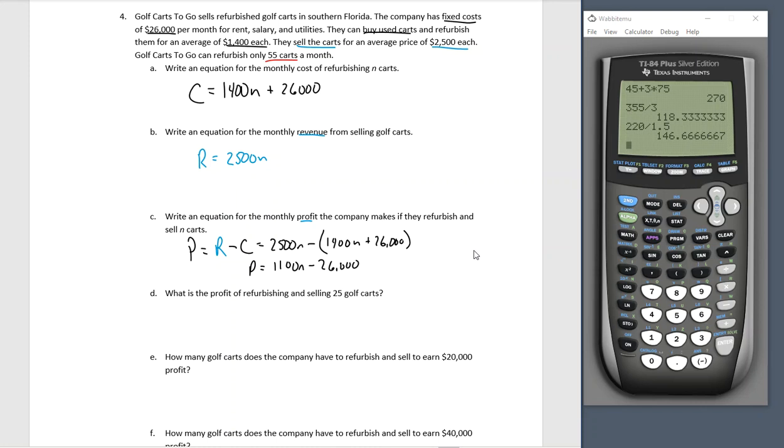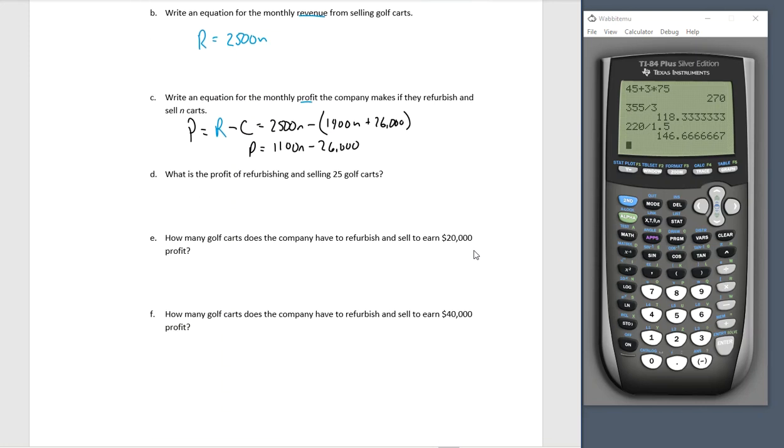All right, so what's the profit of refurbishing and selling 25 golf carts? The profit at 25, 1,100 times 25. Whoops, make sure that's a minus sign there. Minus, that's the most frequently made error on this problem. 1,100 times 25 minus 26,000.